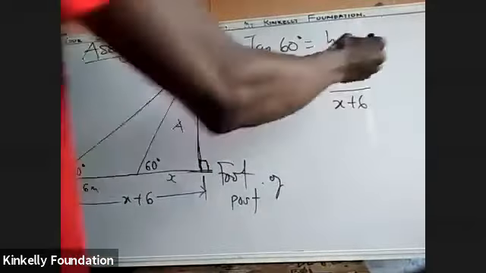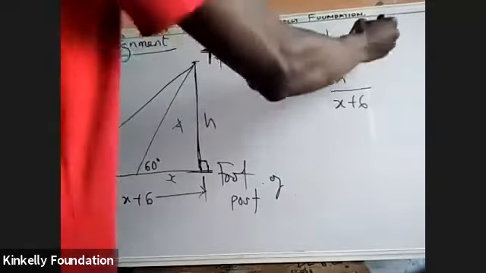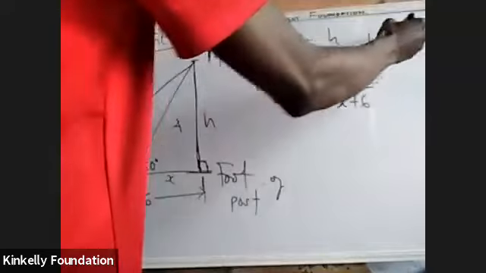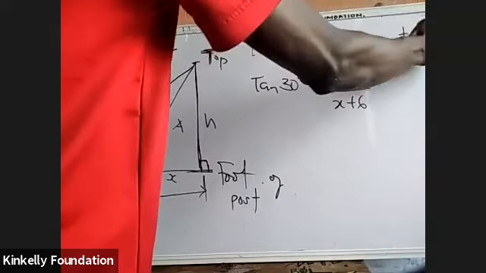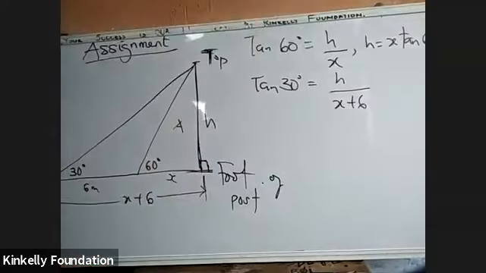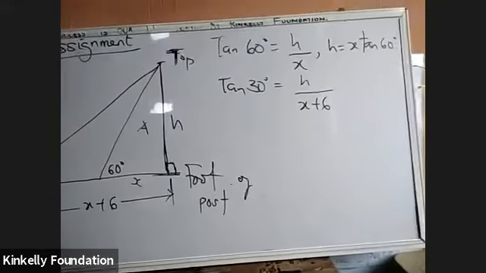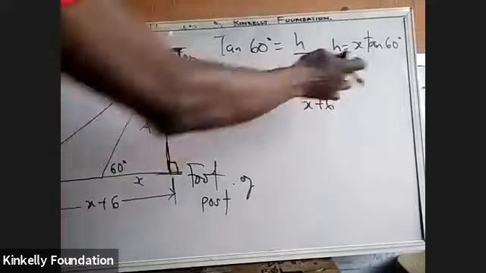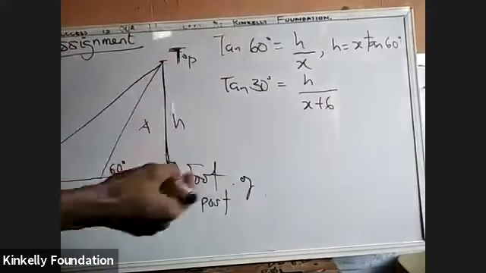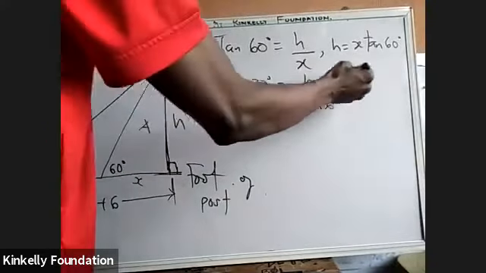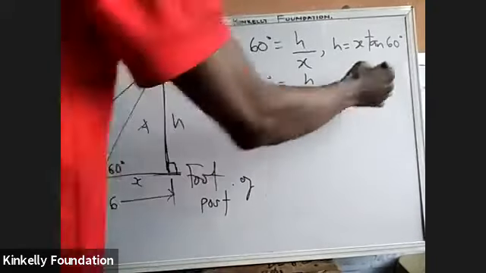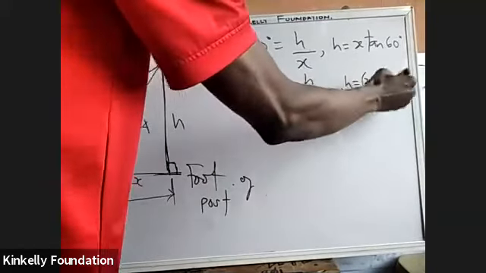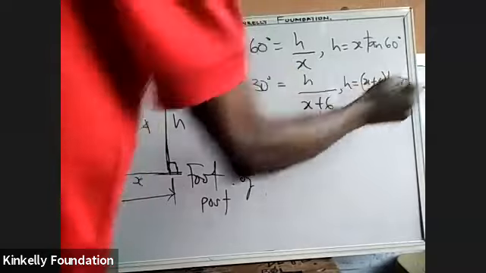From the first one, height is equal to X tan 60 degrees. And from the second one, height is equal to (X plus 6) tan 30 degrees.